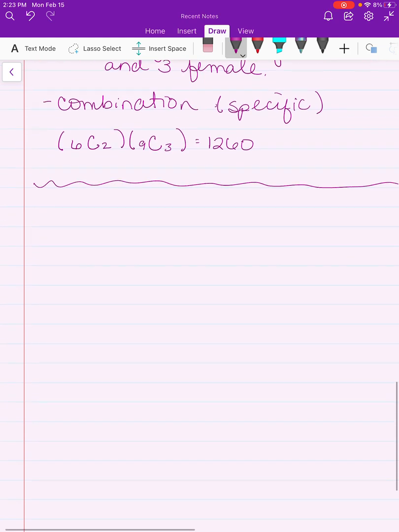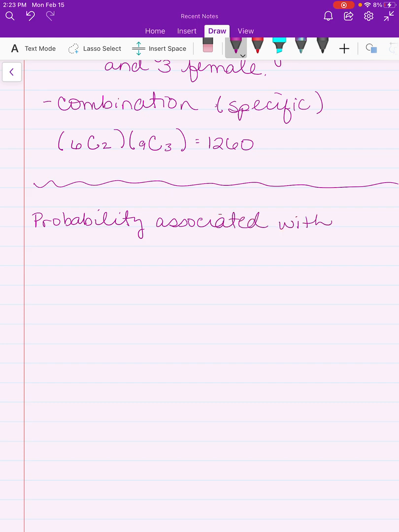The last thing I want to address is probability associated with permutations and combinations.